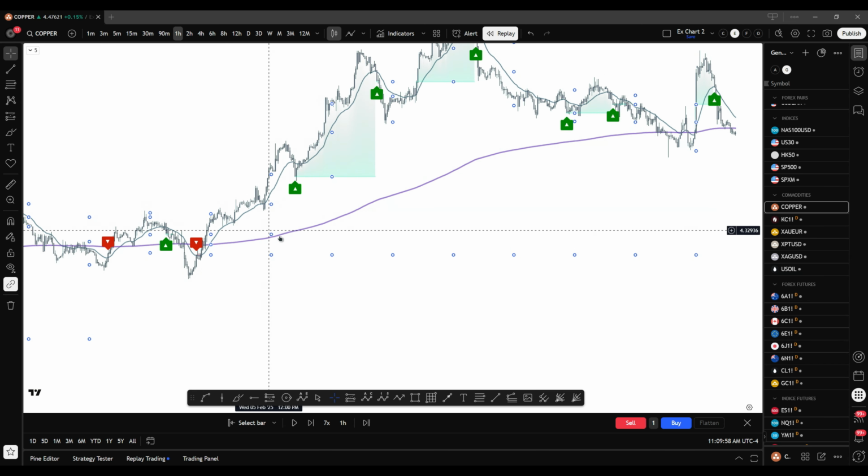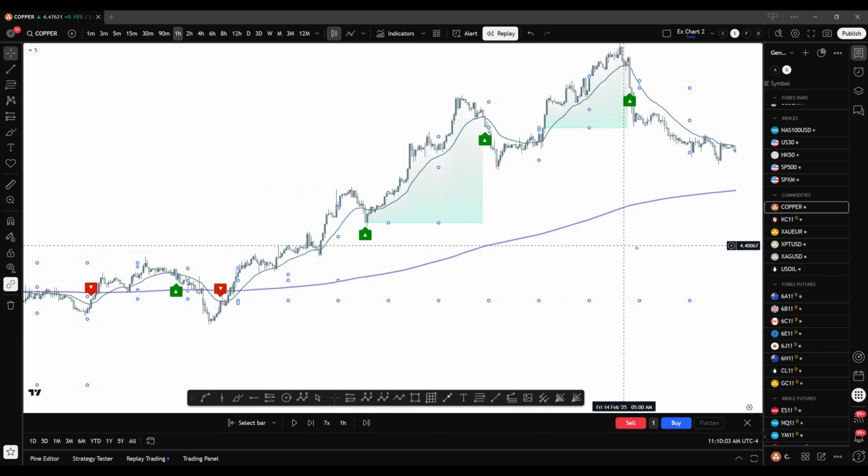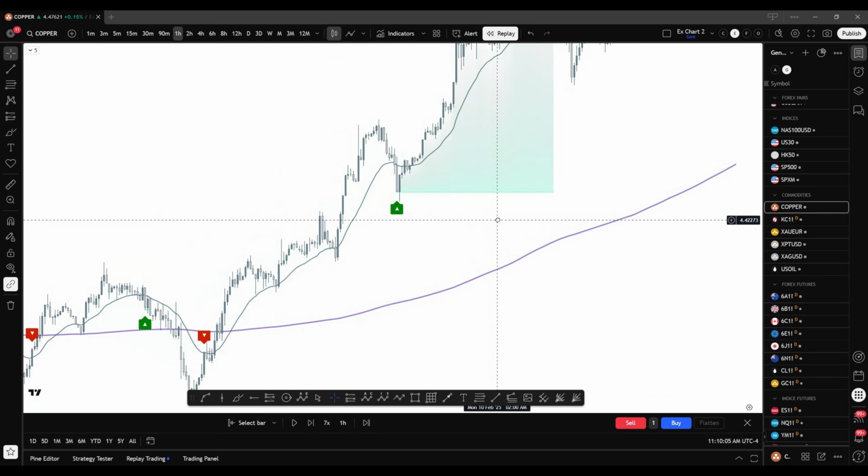So you want the EMAs to align. So here, for instance, I have a buy signal and I have an EMA going above the 450 EMA.